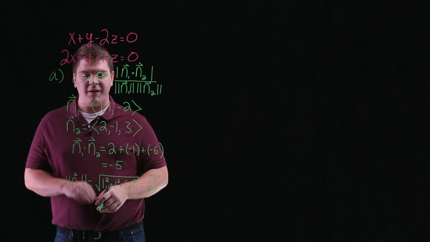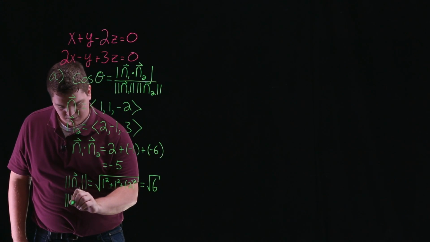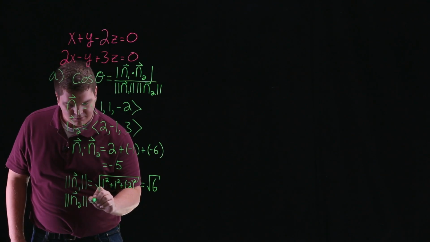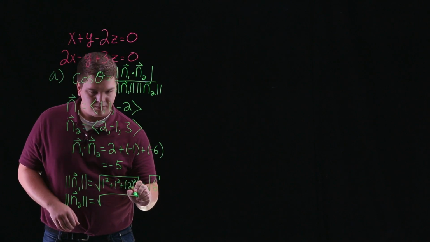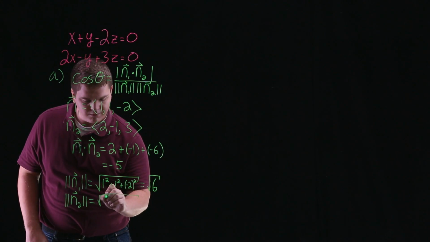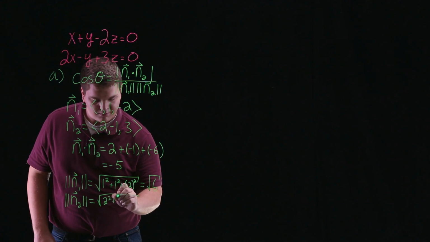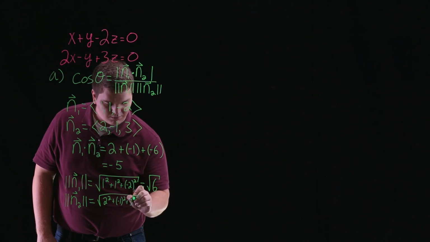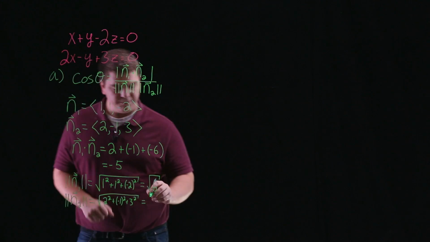And now let's find the magnitude of n2. So this is going to be the square root of 2 squared plus negative 1 squared plus 3 squared. So this is going to be the square root of 14.